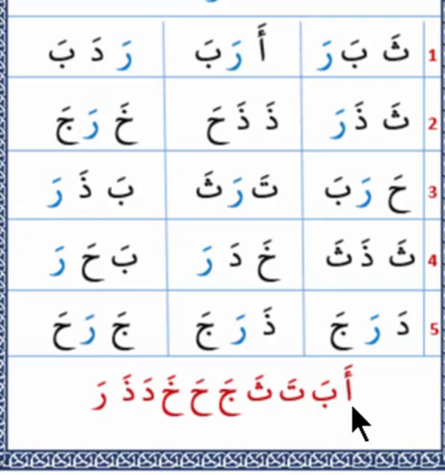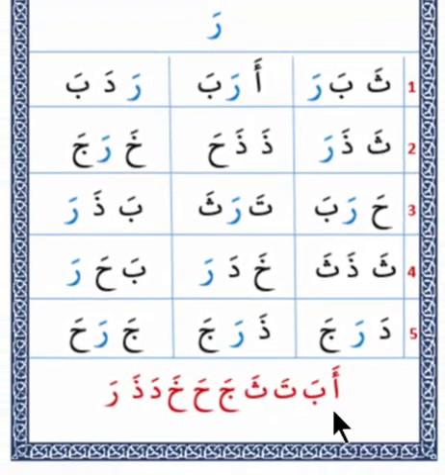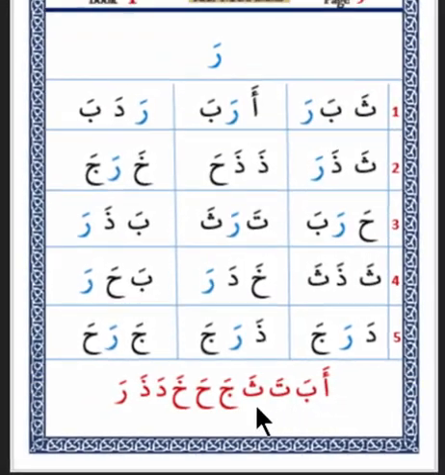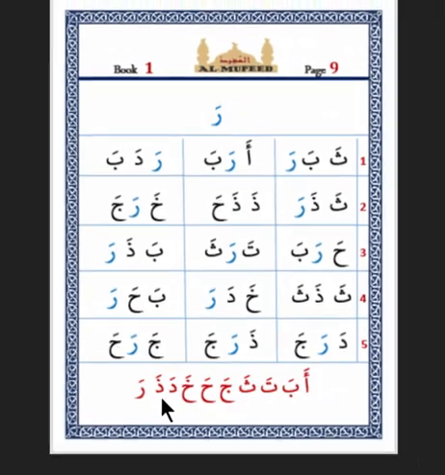Again: A, Ba, Ta, Tha, Ja, Ha, Kha, Da, Tha, Ra. Fast: A, Ba, Ta, Tha, Ja, Ha, Kha, Da, Tha, Ra.